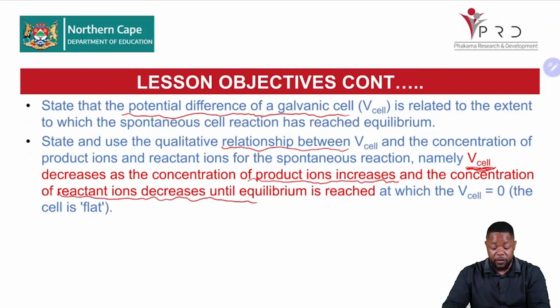The EMF of a cell decreases as the concentration of the product ions increases and the concentration of the reactant ions decreases until the cell reaches equilibrium. And at that point, we now have V cell equal to 0, and we say that the battery is flat.